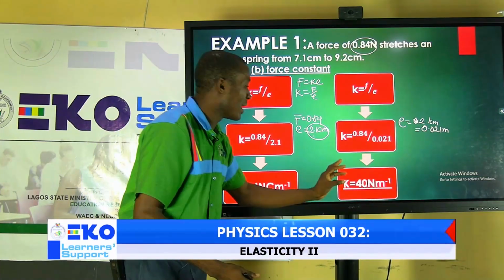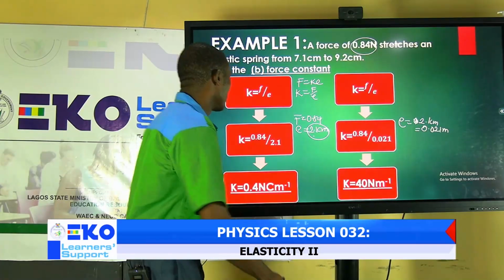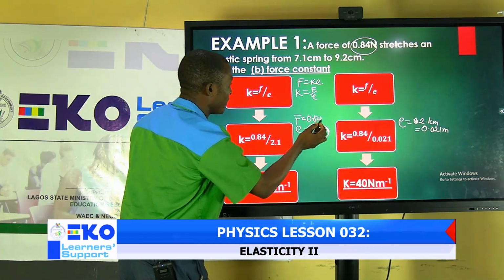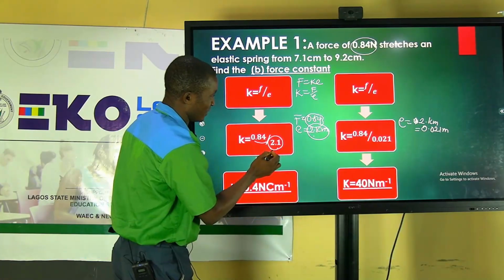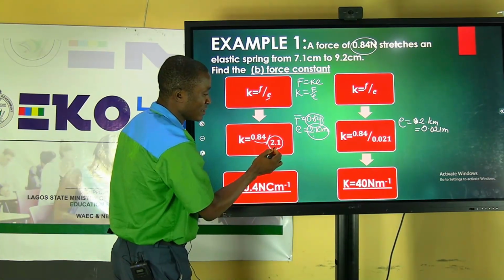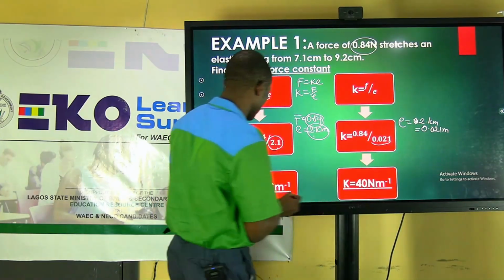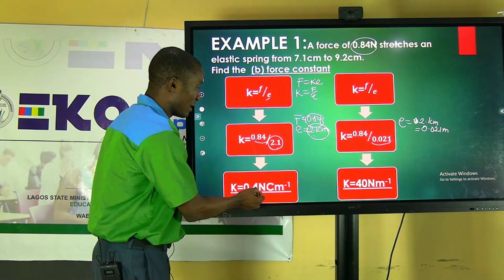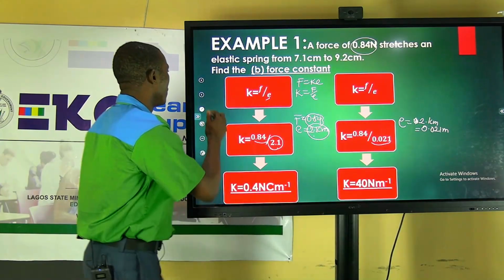If your answer is in Newton per meter, you make use of this approach. Look at this now. The force is 0.84. What is changing is the value of the extension. If you leave it in centimeter, you have it as 2.1. If you change it to meter, you have it as 0.021. When you use your calculator to divide, you will have this. So that is your force constant.